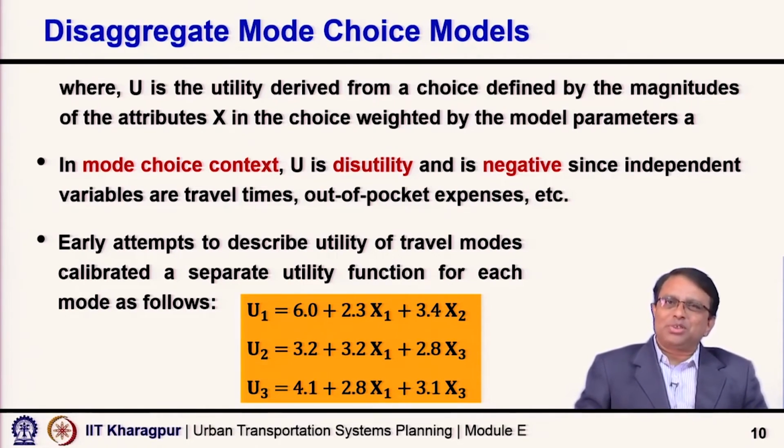But in the context of travel or transport, there is nothing called utility. Why? Because what are the attributes or variables? Cost, time, walking distance, like that.